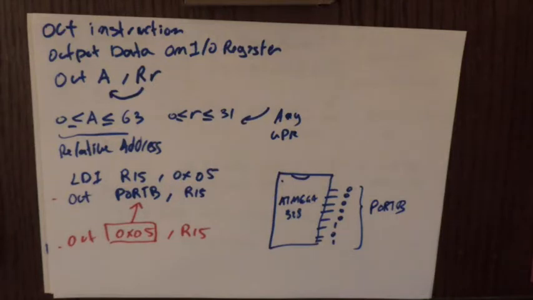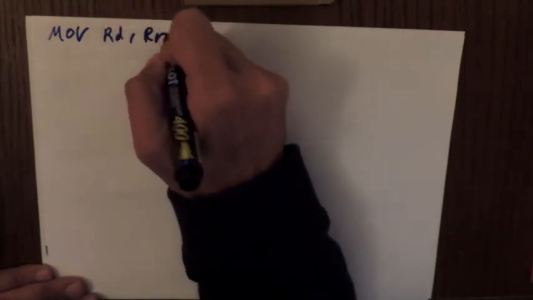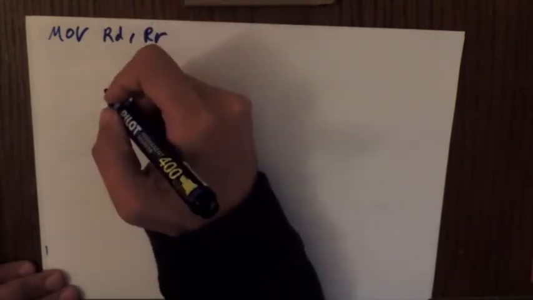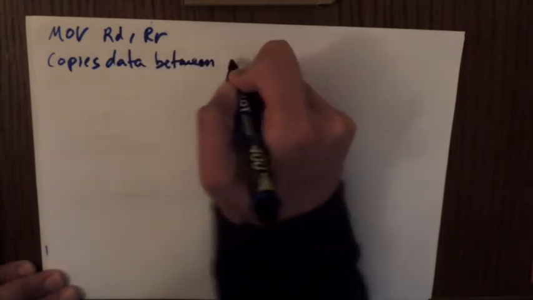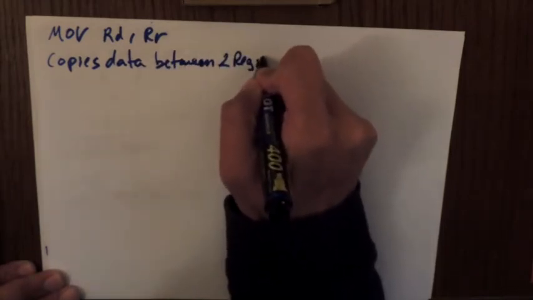So out is used for placing values, in is actually for getting values inside your microcontroller, such as reading values from a sensor. Now, if you go and check other useful instructions available in the AVR instruction sheet, we have the move instruction, move RD, RR, and it copies data between two registers.